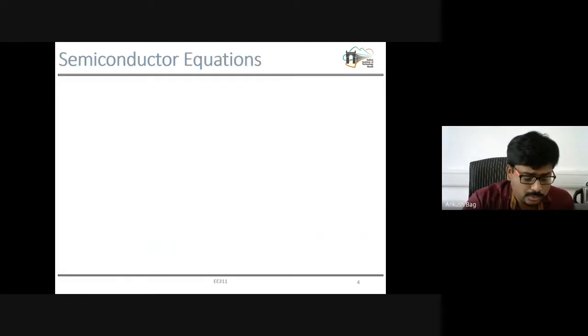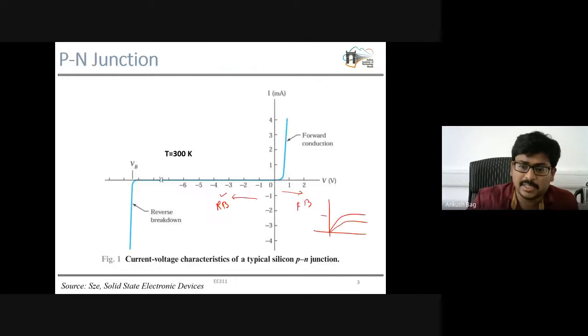To understand that, essentially we'll try to discuss a few fundamental semiconductor equations, because once again this is an experimental observation, right? Whenever we are able to explain this blue color curve, or the characteristics, using some mathematical equations, that means we understood the underlying phenomena.